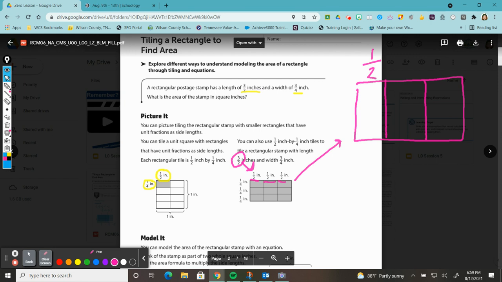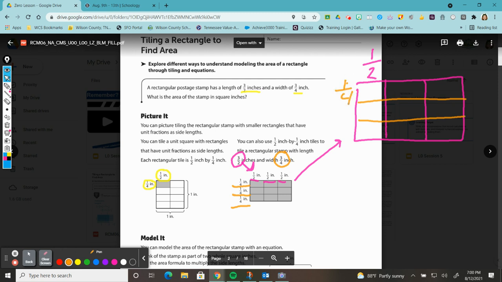Then they looked at 3/4. And they said if I broke that up into its unit fractions, I would have 1/4 plus 1/4 plus 1/4. So then they divided their box again, but now we've got fourths.